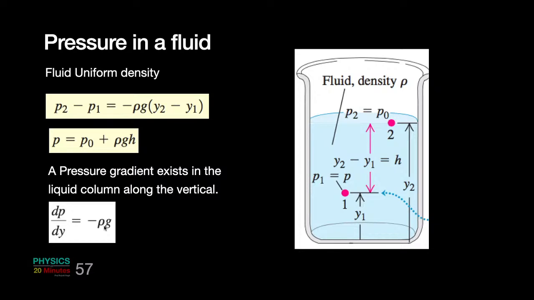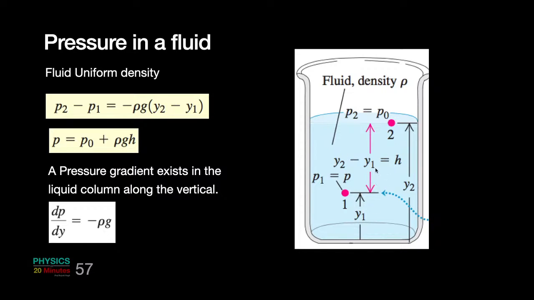Is there any way by which we can get a pressure gradient along, say, the x-axis, along the horizontal as well? Is there any way? The answer is indeed there is a way. The hint is the acceleration. We get a gradient along the vertical because of the acceleration due to gravity, which works in the vertical direction.